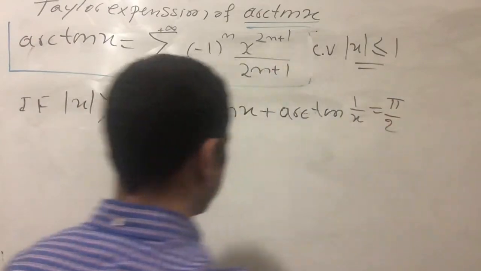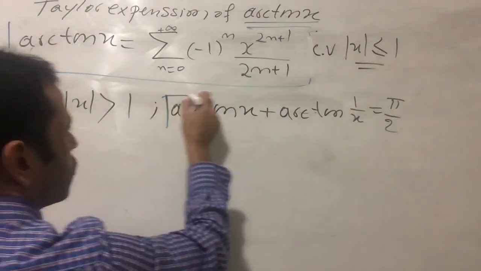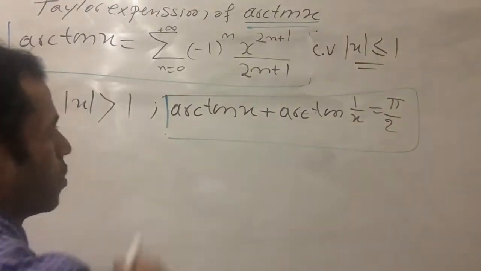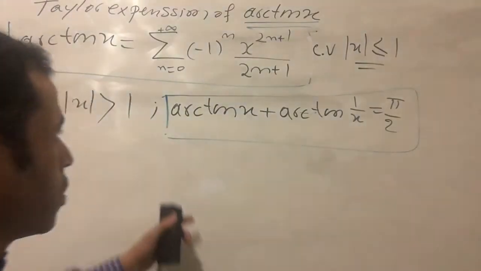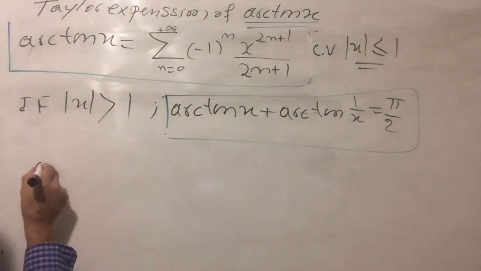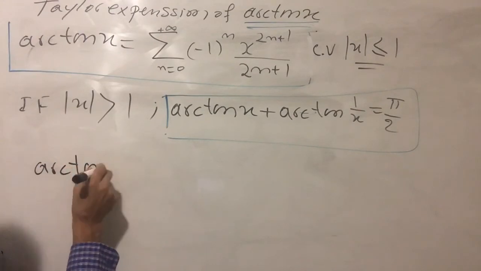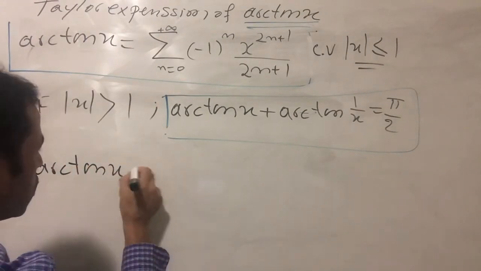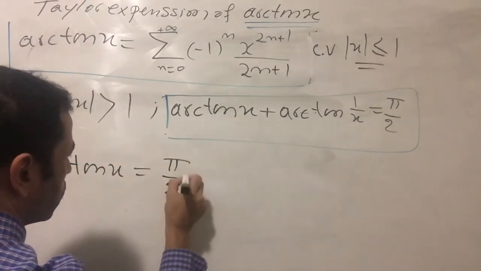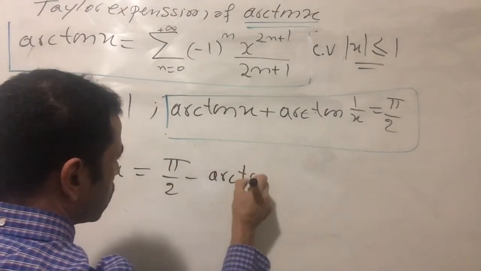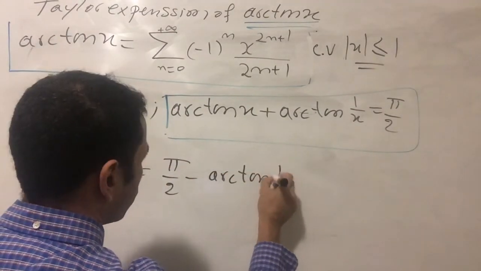So we have arctangent of x equal to pi over 2 minus arctangent of 1 over x.